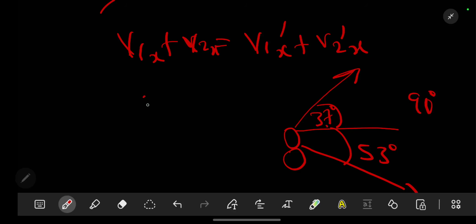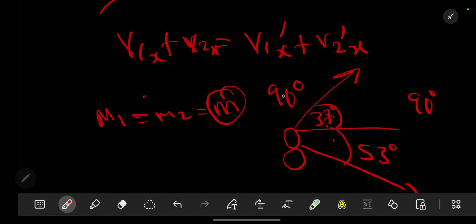So mostly, if the particles m1 and m2 have the same mass, then the angle that they make is mostly 90 degrees.